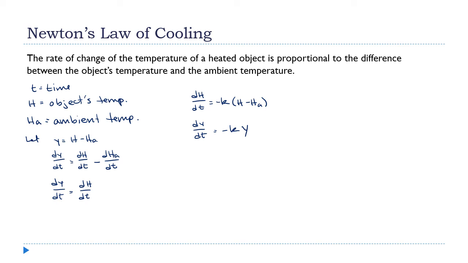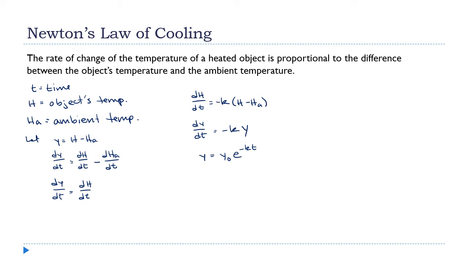The solution to this is y equals y0 e to the minus kt, just like it was on the last slide. Now I'm going to go back, because I don't actually want y's, I want the H's and H_A's and so forth.